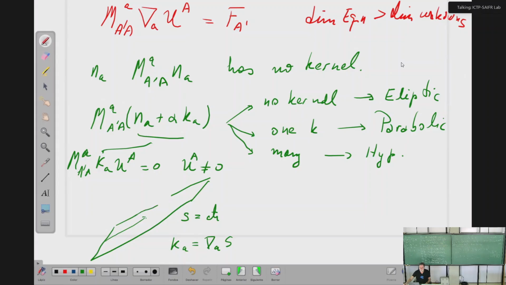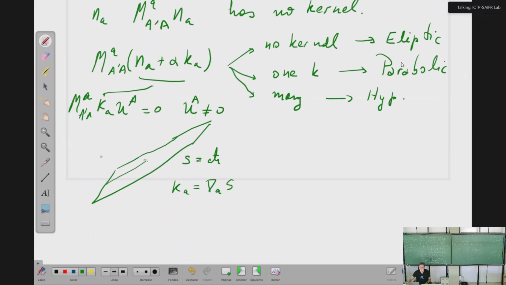There are waves traveling here, that is, the function u is constant along these things. So if you are in the space, say at some point you are making a wave, and the wave is propagating this way here, so it's constant along these lines which are tangent to the surface.